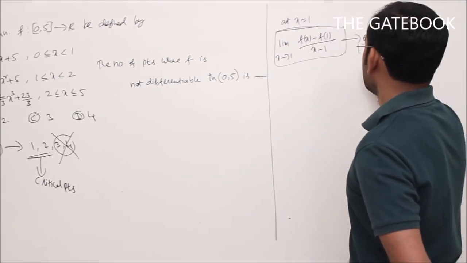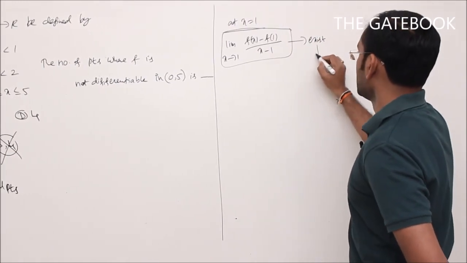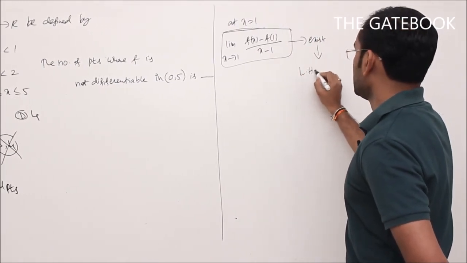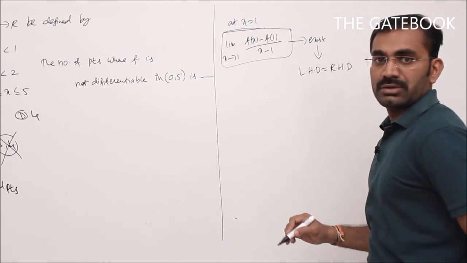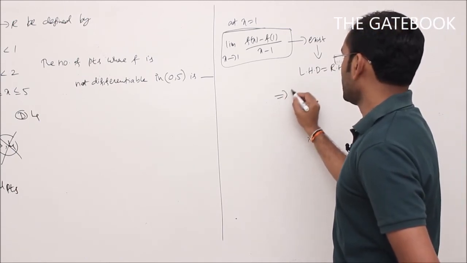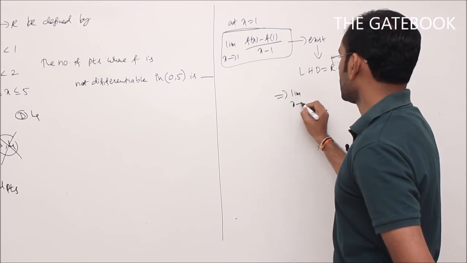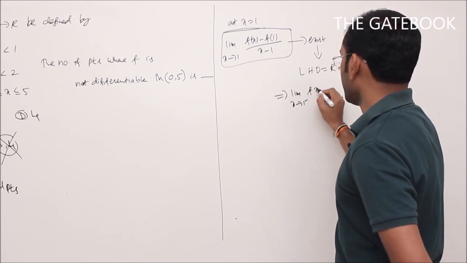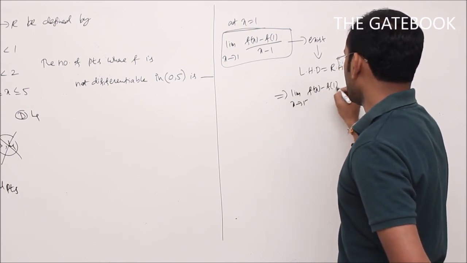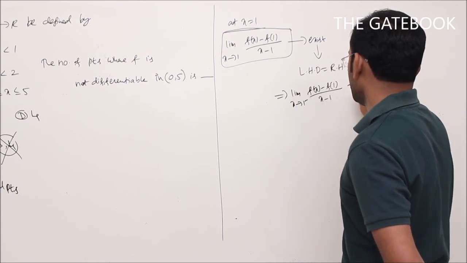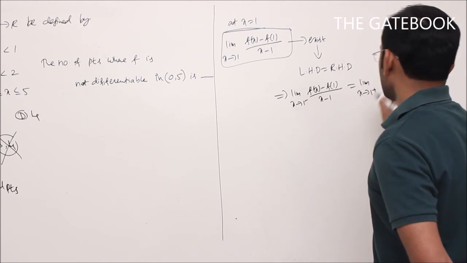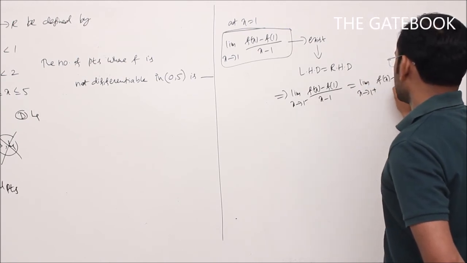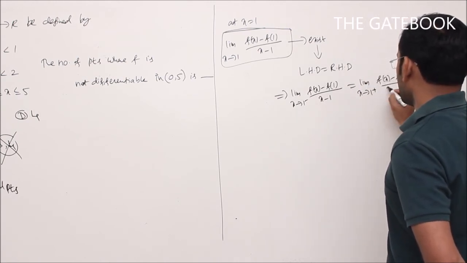This value exists if and only if the LHD, left hand derivative, is equal to the right hand derivative. So what is the left hand derivative? Limit x tends to 1 minus f of x minus f of 1 by x minus 1 should be equal to limit x tends to 1 plus f of x minus f of 1 by x minus 1.